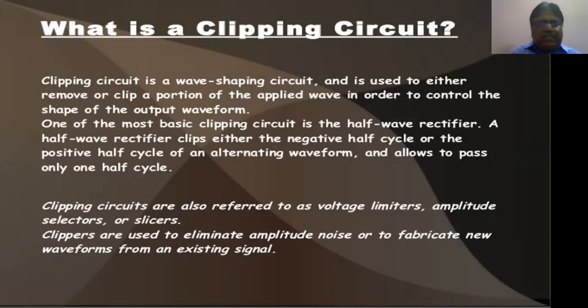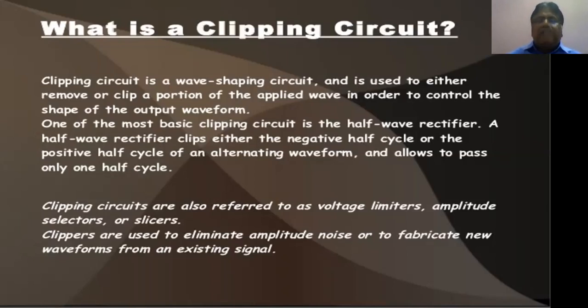Next point. One of the most basic clipping circuits is the half-wave rectifier. A half-wave rectifier clips either the negative half cycle or the positive half cycle of an alternating waveform.